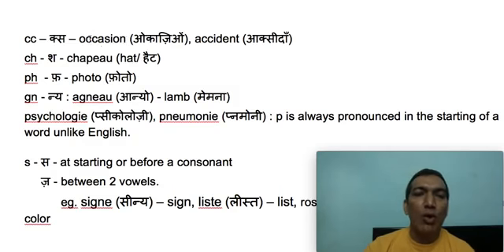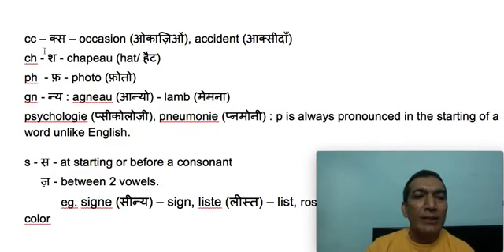But when it is followed by e, so as we have learned that say e is c, so it becomes accident. It might create some confusion, but just to be clear that the first letter is always k, so occasion, accident.